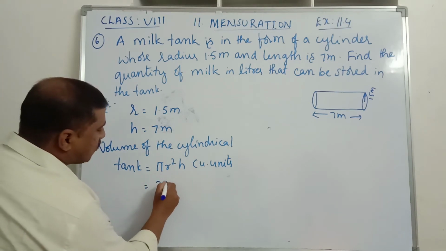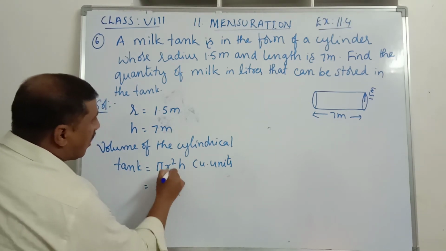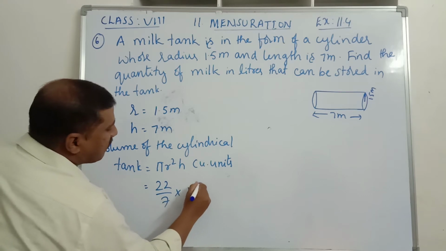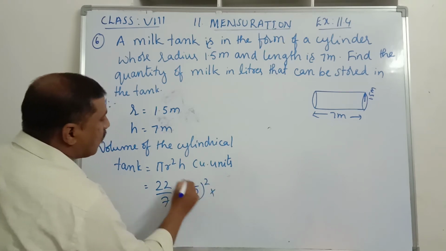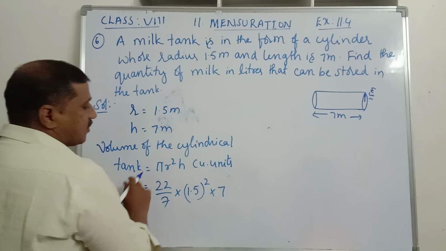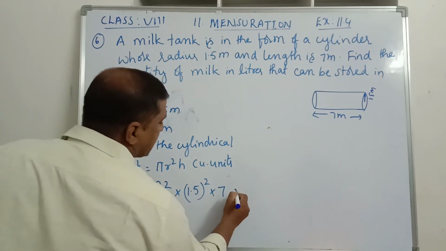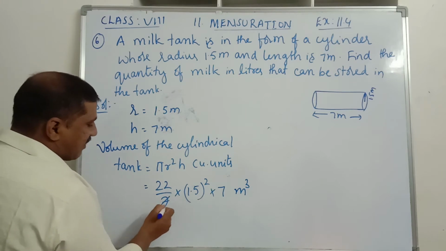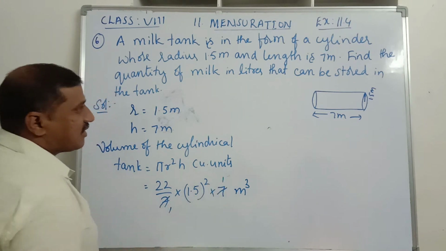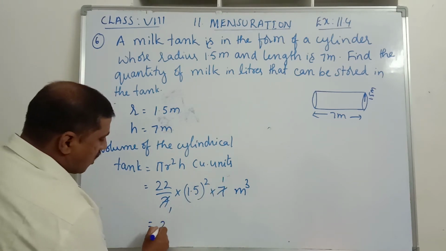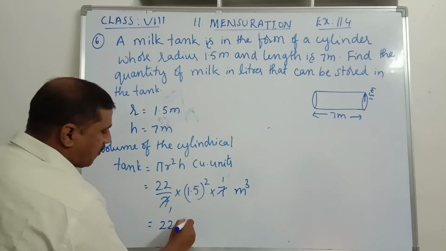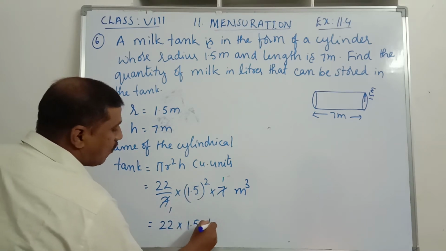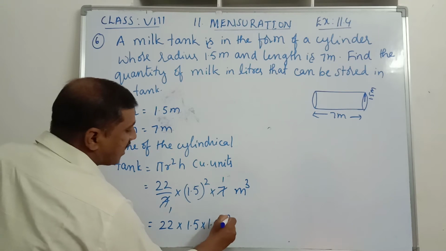Pi is equal to 22 by 7 into r is equal to 1.5 whole square into h is equal to 7. The units are cubic meters. So go for cancellations. 7 ones are 7. Now we get 22 into 1.5 into 1.5 meters cube.